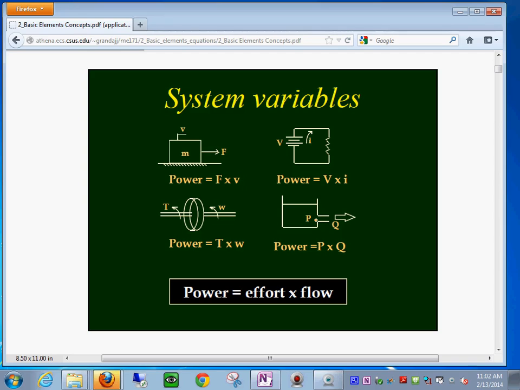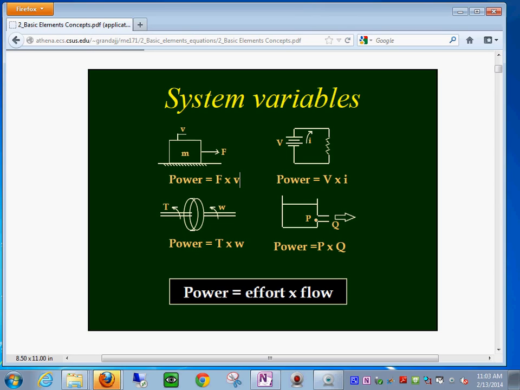Now, I mentioned to you that Professor Paynter, who invented this technology of bond graphs in the 50s, had the idea that systems in nature interact with similar variables, similar type of variables, but of course, because we do it in different energy domains, the units are very different.